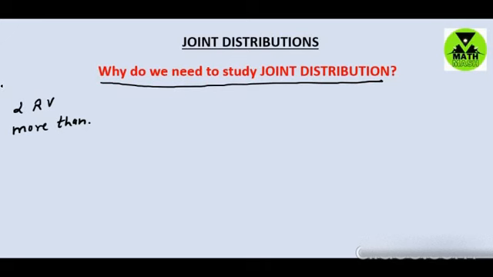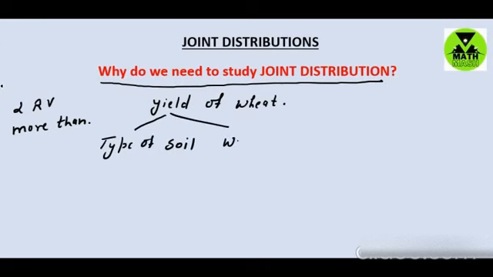So for example, if we want to check the condition of the yield of wheat. Now this yield of wheat depends on several factors. We have a variety of factors. It depends on the type of soil. It depends on the climate condition, that is the weather condition.